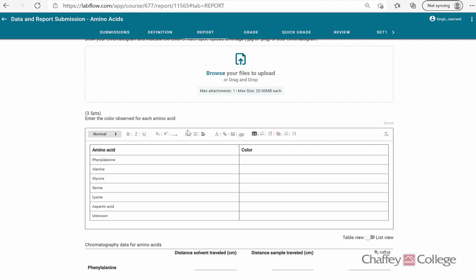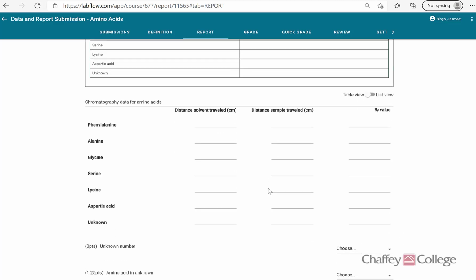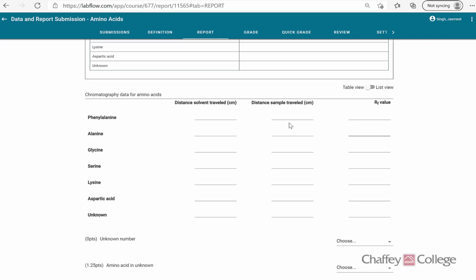Here you have to note down the color. Again, the color of these amino acids is given in the sample data. So fill this table up, and then finally you have to calculate the RF value. As we learned, the RF value is calculated by dividing the distance traveled by the sample over the distance traveled by solvent, and you calculate the RF value for all these 6 amino acids.